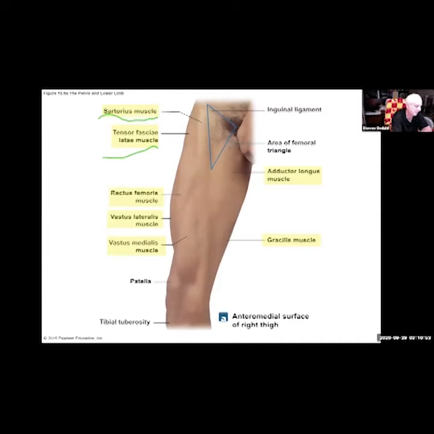The rectus femoris muscle is a large muscle here. The vastus lateralis muscle and the vastus medialis muscle. You have the lateralis to the side, medialis toward the midline of it. Gracilis muscles are in the midline, and the adductor longus muscle. When this muscle contracts here, it pulls the leg towards the body. That's your adductor action. Okay, this goes medially.